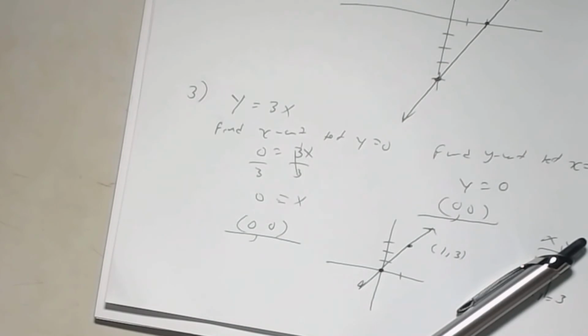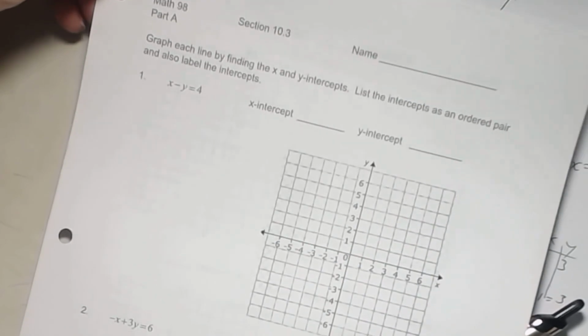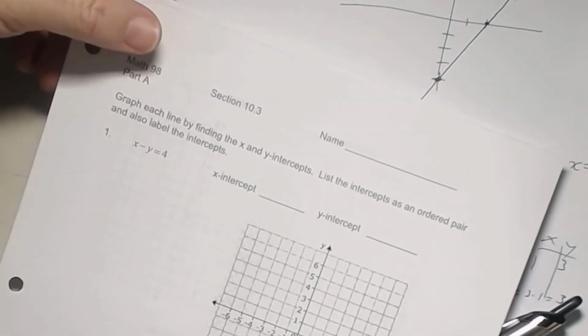Okay? All right, so for that one, make sure you put in there to do the last class period. So 10.3 Part A, last class period. All right, so right now you can do all the stuff that we just talked about, all those worksheets.